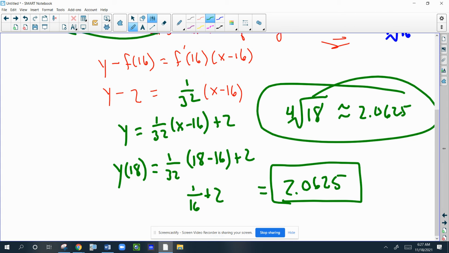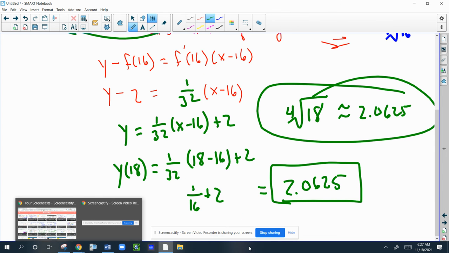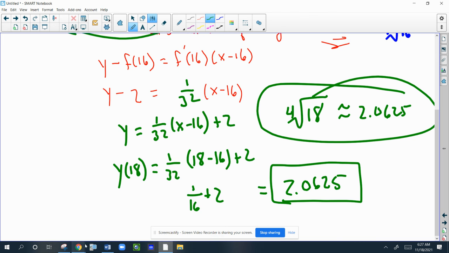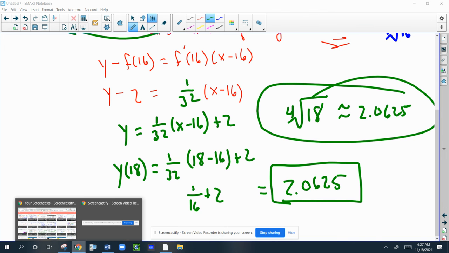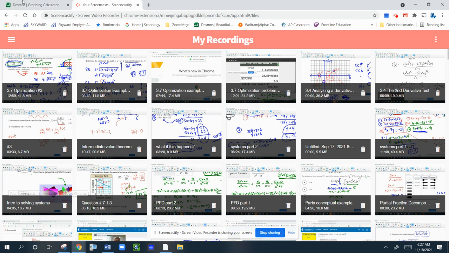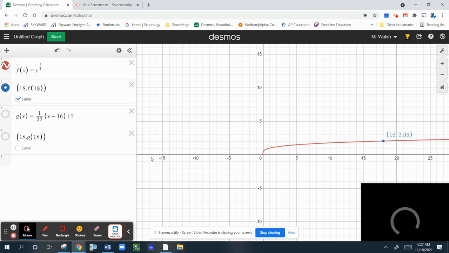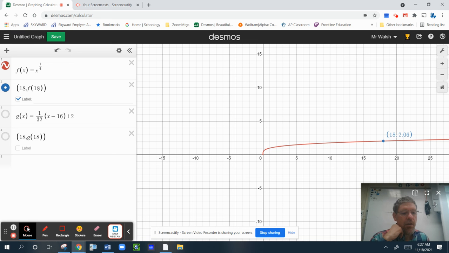Now, if you are looking to see what that really means, or to clarify, I'm going to use Desmos, if I can find it. Here it is.